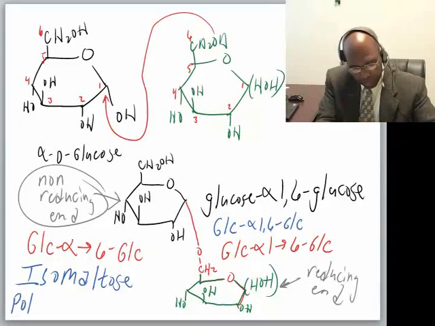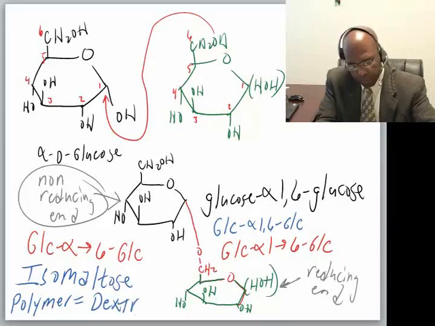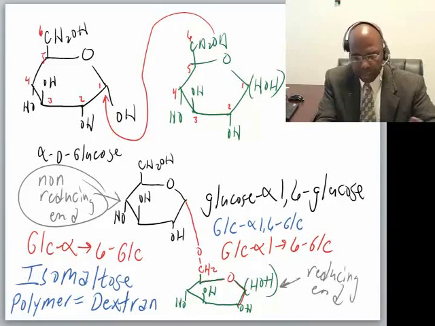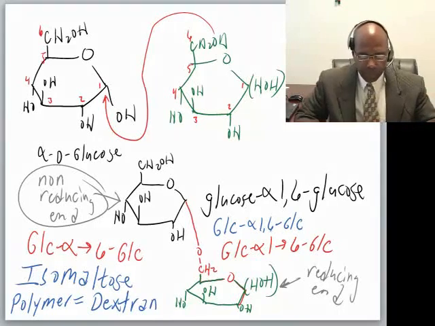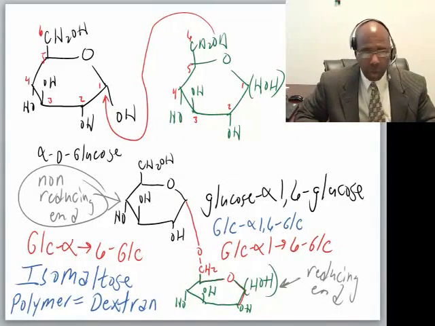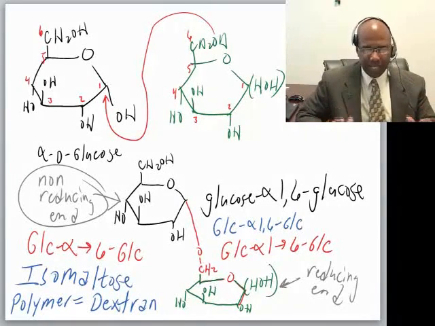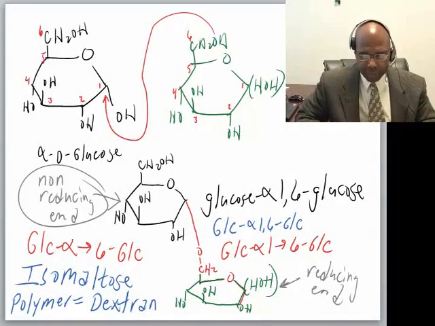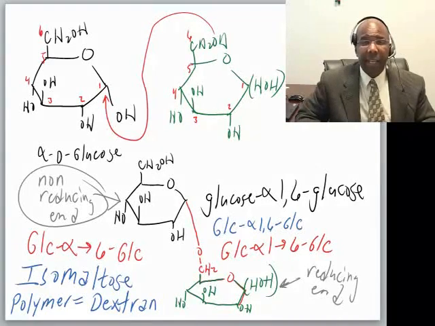If you have a very long polymer of isomaltose units or isomaltose disaccharides, we call that polymer dextran. And this is our next disaccharide, which has an alpha 1,6 linkage, and this is isomaltose.